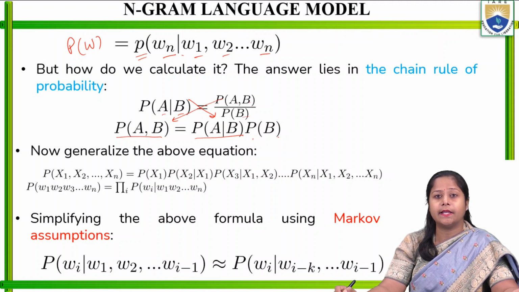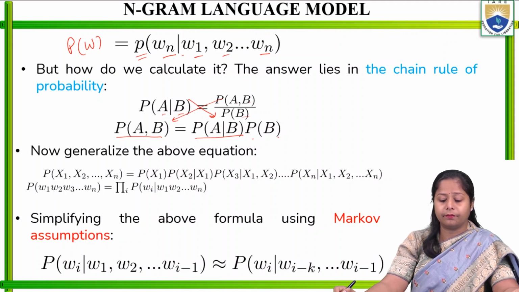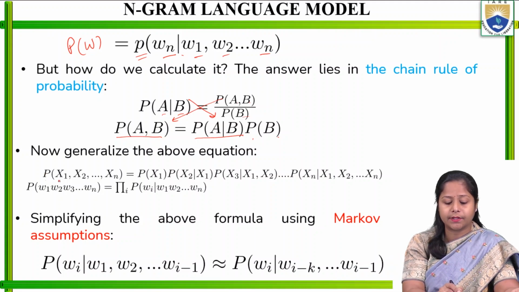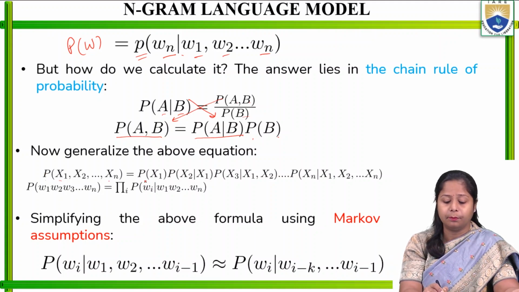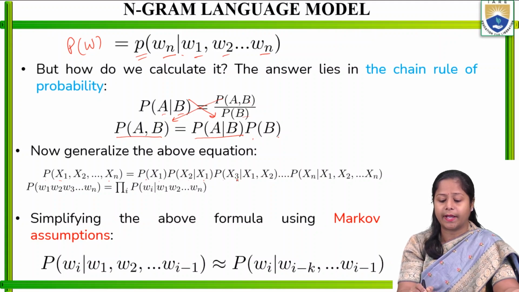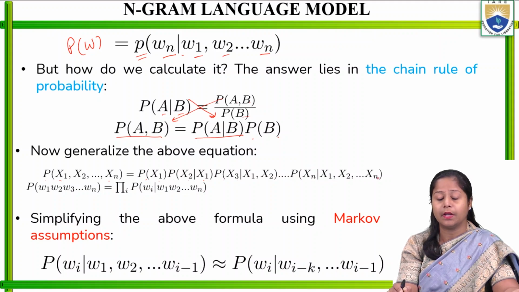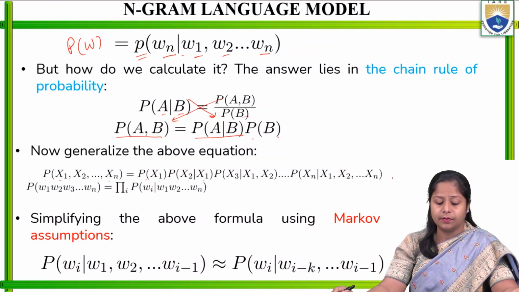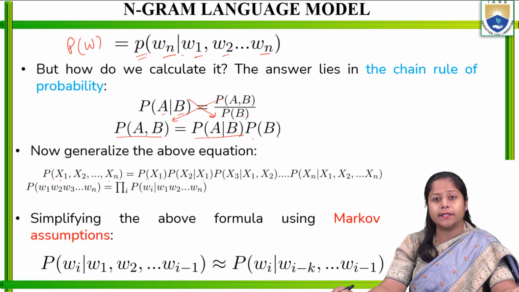Now generalizing this equation, we get P of x1 to xn is equal to P of x1, P of x2 given x1, P of x3 given x1 comma x2, and so on, up to P of xn given x1 to xn minus 1. Simplifying this formula again gives the Markov assumption.